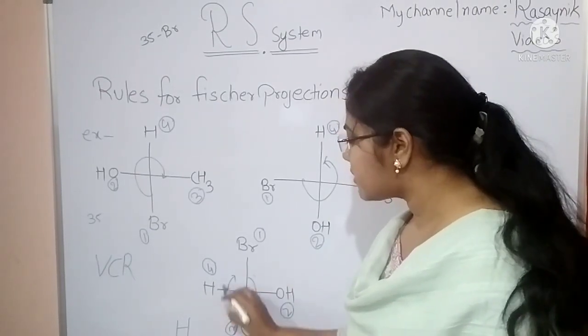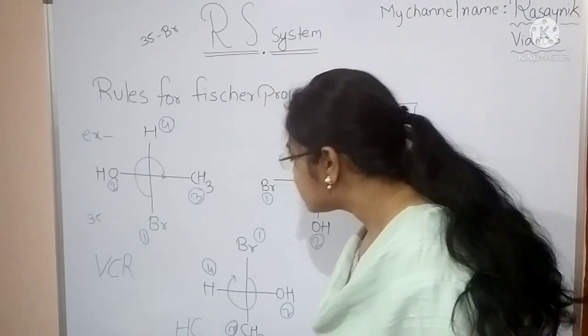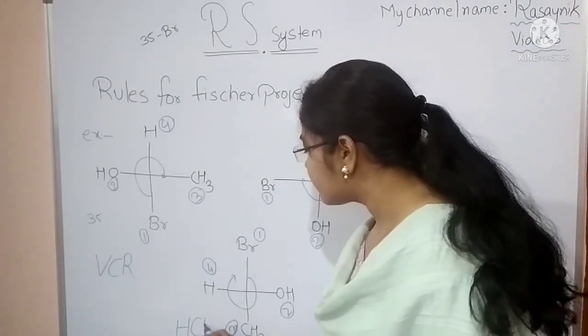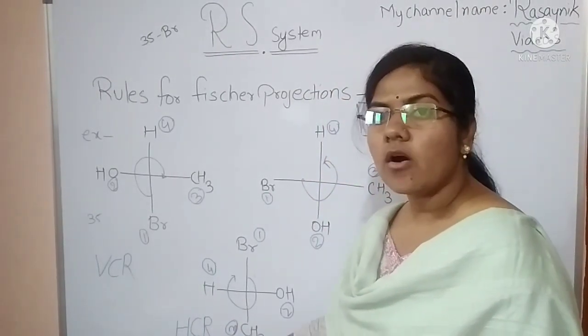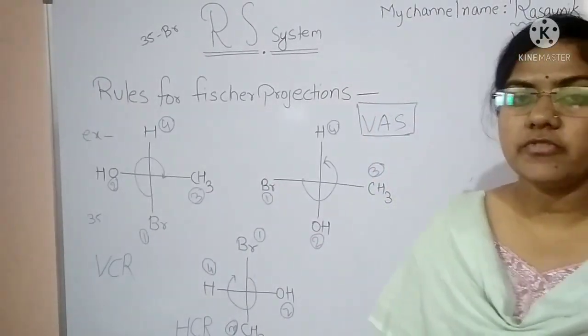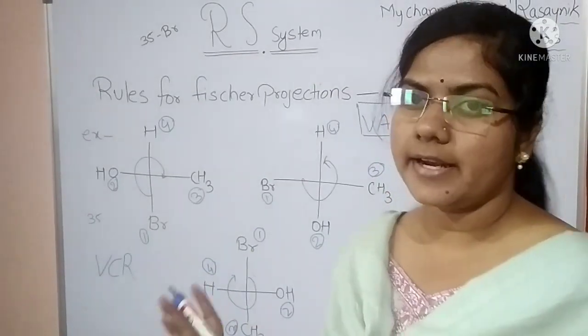In which direction will it rotate? Clockwise direction, H C. Then automatically it will become R. Clockwise R, only horizontal is different in Fischer projection. In Fischer projection, the vertical and horizontal lines are added.